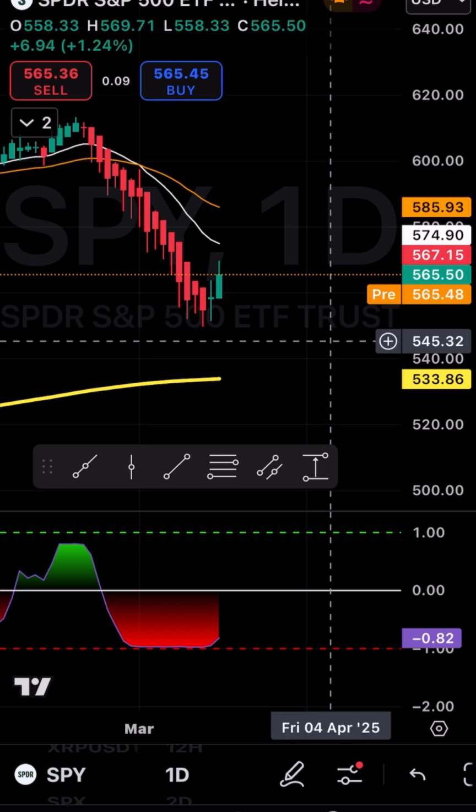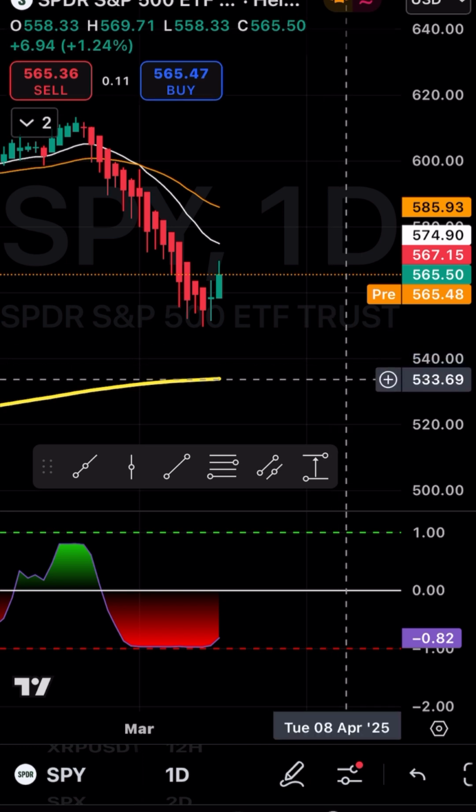So on the day chart, if you see it on the 200 moving average, you know that the bottom is pretty much about $534. So if the candles get close to $534, it's probably going to bounce from that location or close to that location if there is a pullback. So you can use your 200 moving average to see where the bottom's going to be.